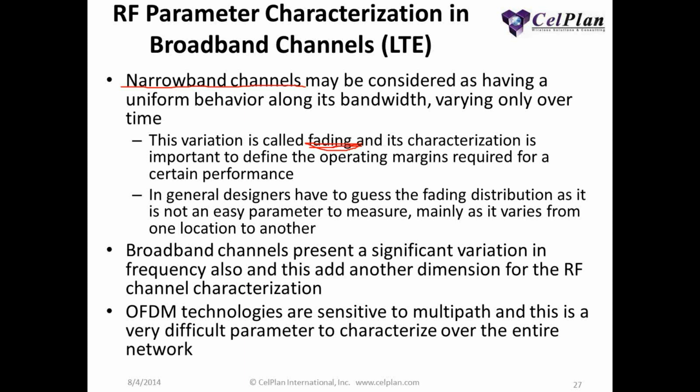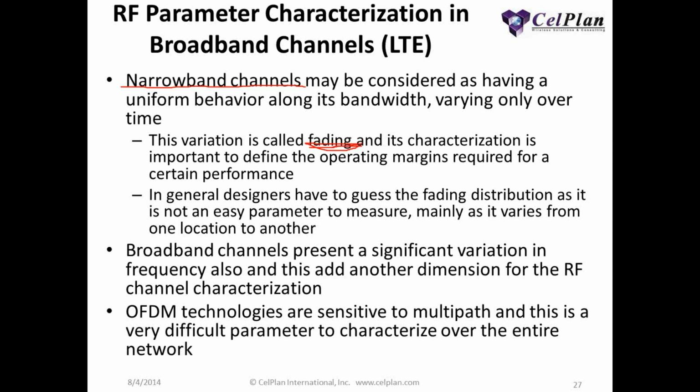When CDMA came, the channels became broader. And we started noticing that, with 1.25 megahertz, there were already some issues with parameters fading in frequency, fading in time, and issues with multipath propagation and so on.